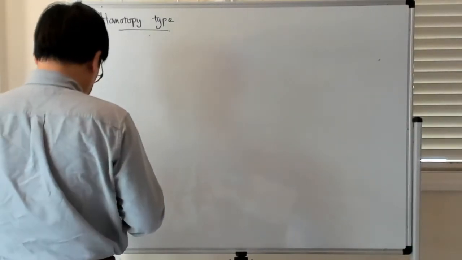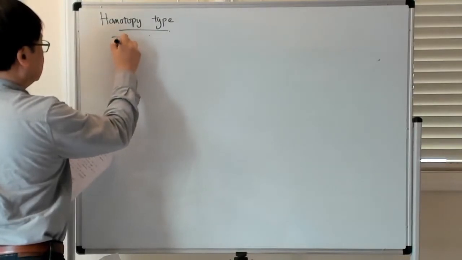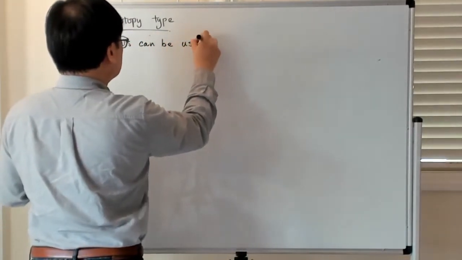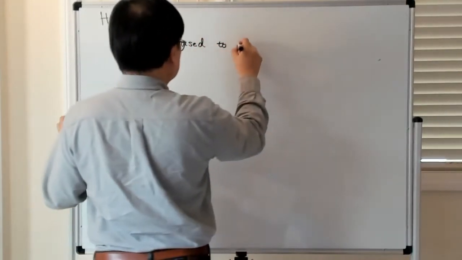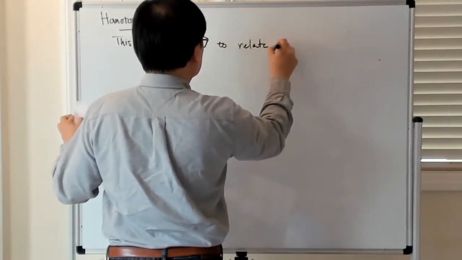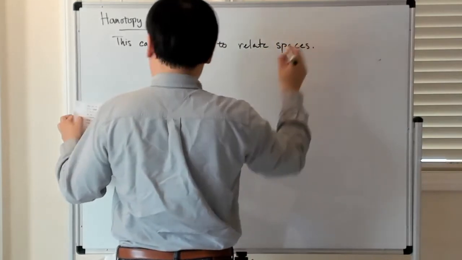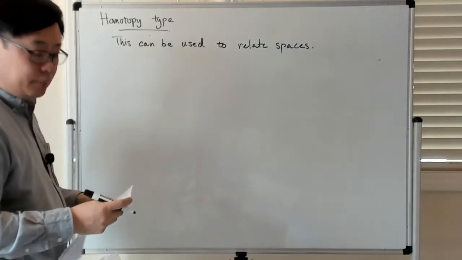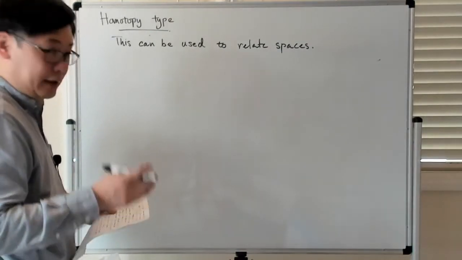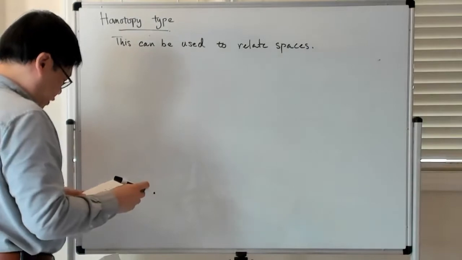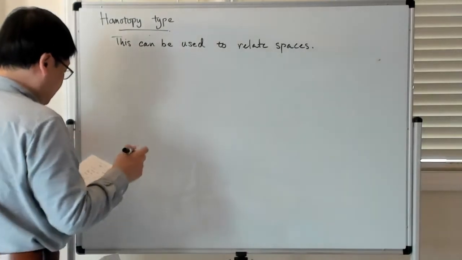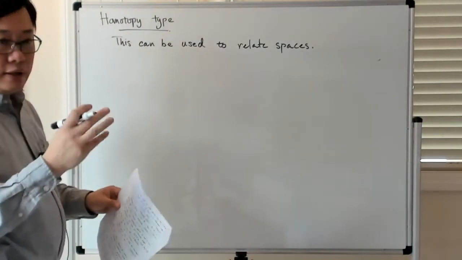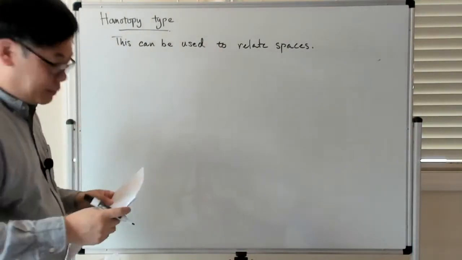Okay, so this can be used to relate spaces. And let's look at a particularly simple example, which is this idea of a retraction, before we go to the more general setting. The retraction idea applies when one space is a subset of the other.